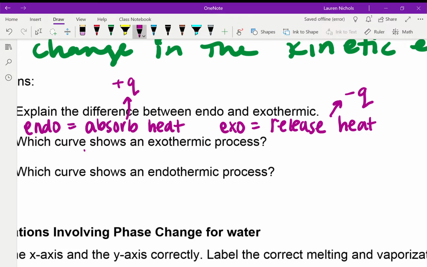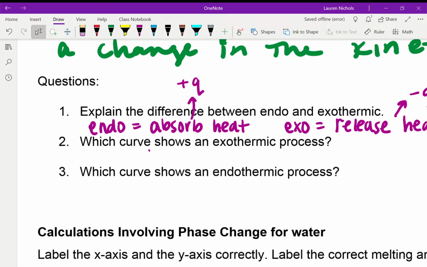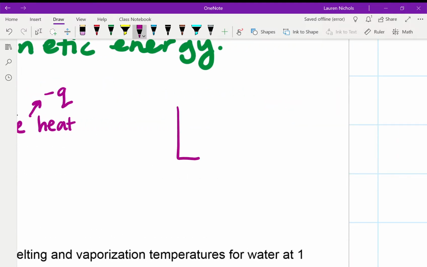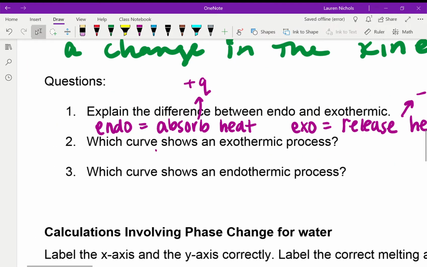And so when we think about which one is exothermic, if exothermic is releasing the heat, remember if an object is sending heat out into the surroundings, that means its temperature is going to start to decrease. So exothermic processes are ones that are cooling down. They themselves are cooling down because they're putting all of the heat into their surroundings. So this would be a cooling curve.